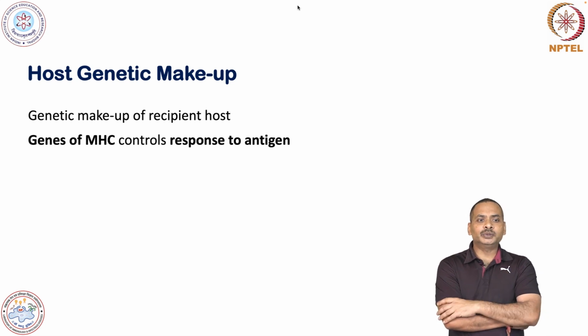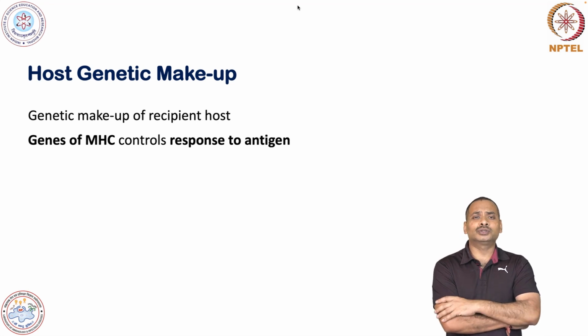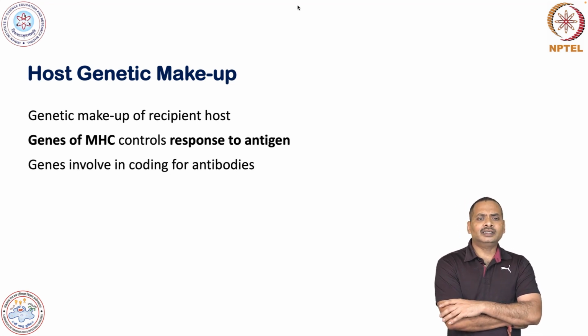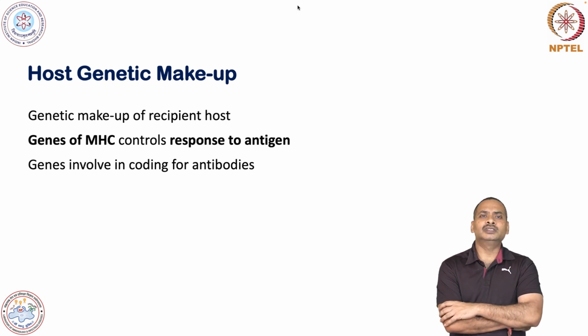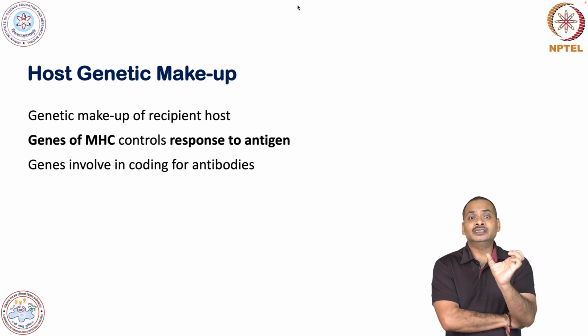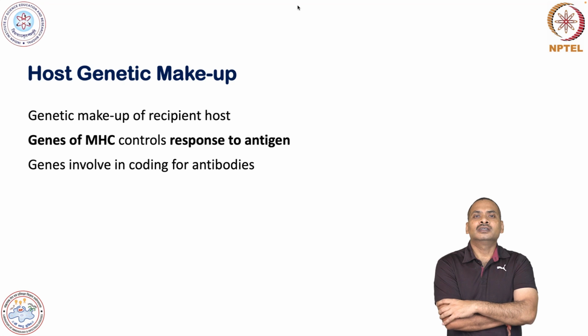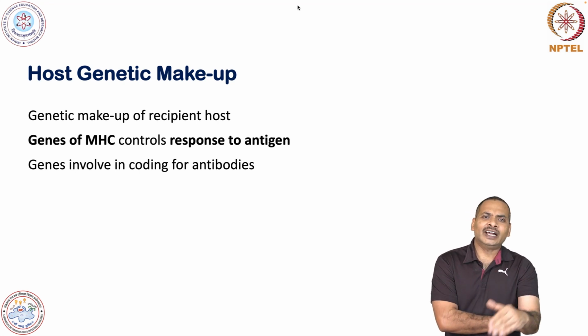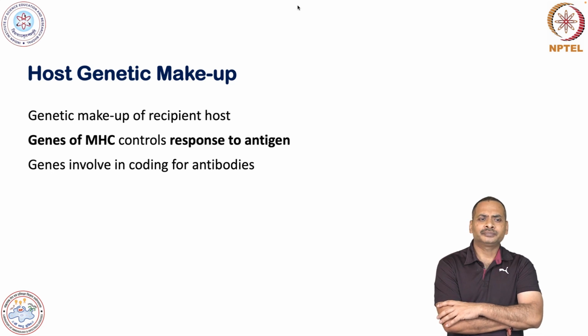I have explained genes of MHC that control the response to the antigen. Another good example: if there is a mutation in gene segments which encode antibody, then that will also hamper antibody production.